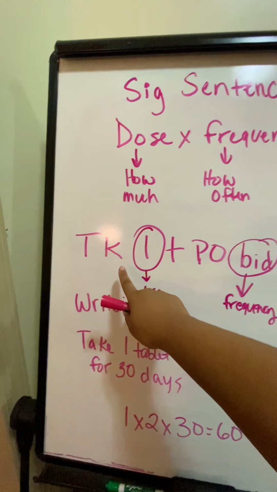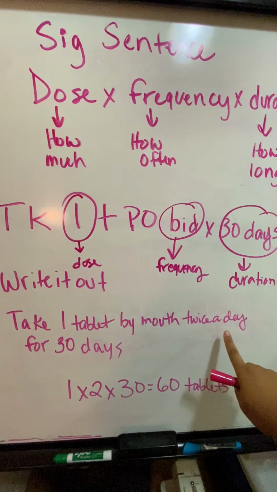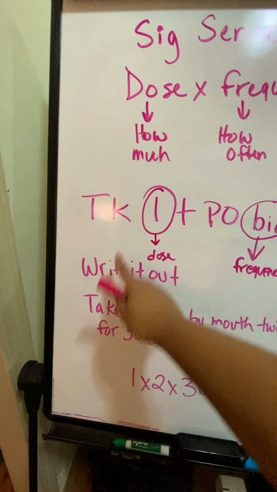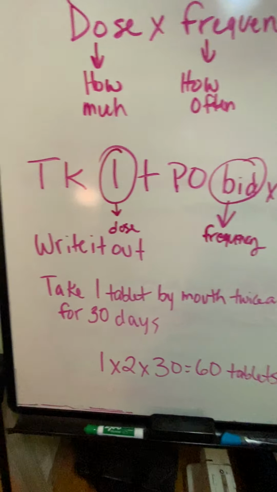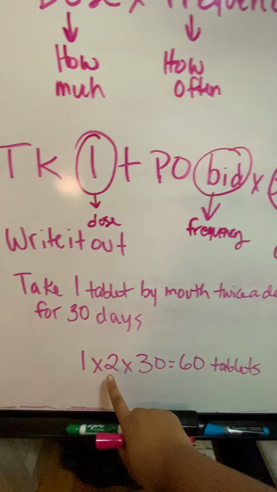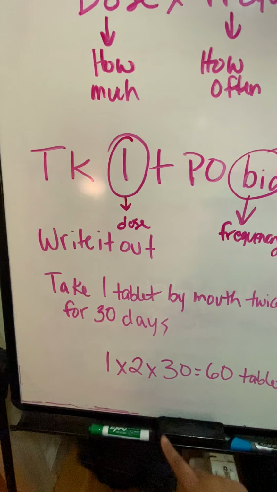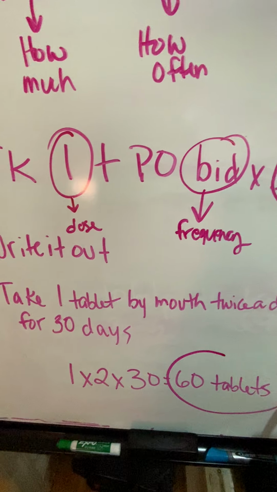You're given a SIG sentence like this, and it's your job to transcribe it out for me to be able to see. I need to know that you can translate it into layman terms for the patient and then solve for the quantity. So we have 1 tablet being taken twice a day, which is where the 2 comes from, for 30 days. 1 times 2 times 30 will give us a total of 60 pills for this order.